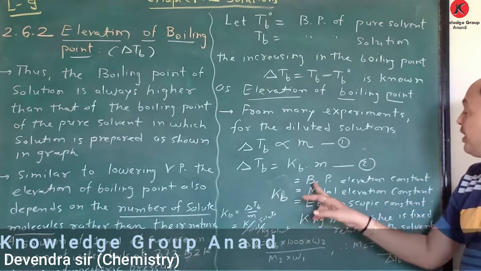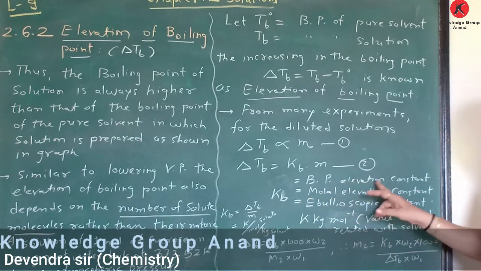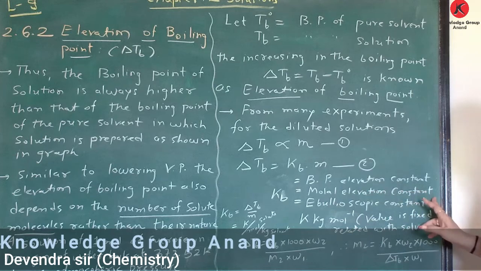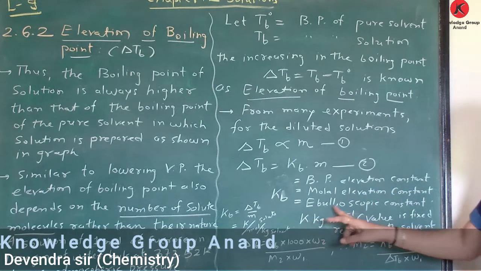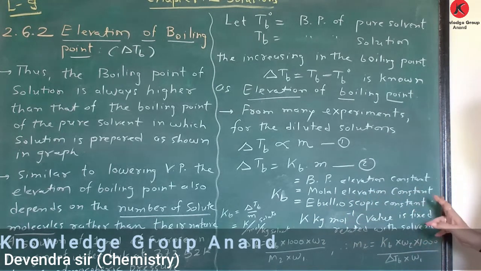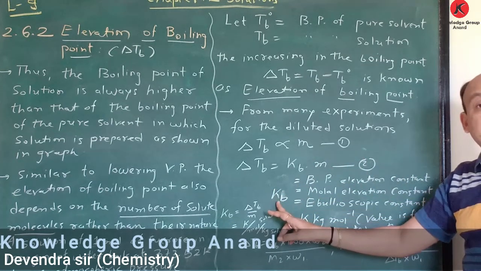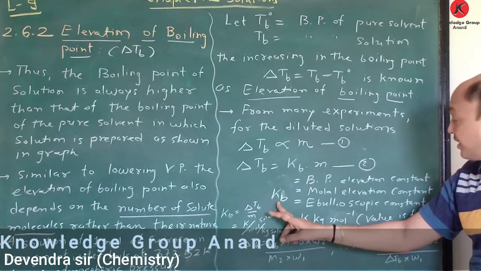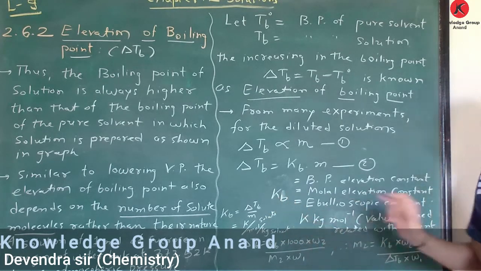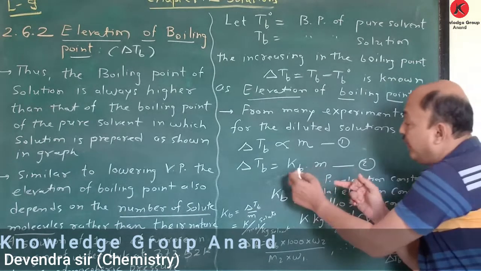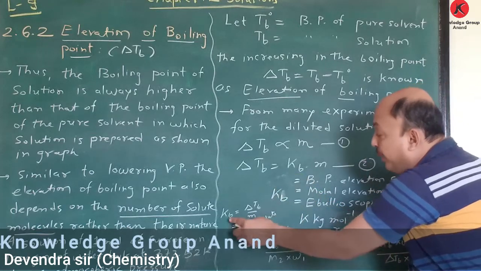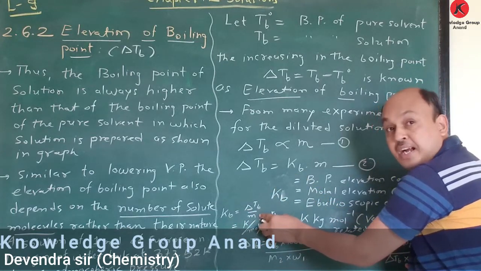So Kb is nothing but the boiling point elevation constant. Another name is molal elevation constant, and another name is ebullioscopic constant. These are related to the solvent. This Kb is only related to the solvent, not the solute. Remember this. And for the unit, if you make the formula with respect to Kb, then Kb is equal to delta Tb divided by m.